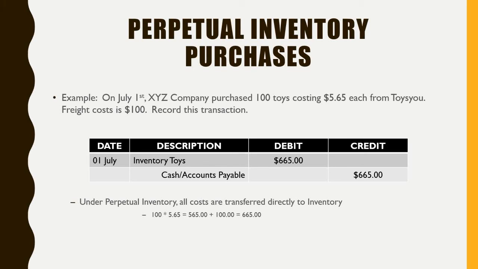I'm purchasing toys, so every cost it takes me to get this to my store is all going into the same account. There's no need to separate any of those expenses. We're shoving them all into inventory.